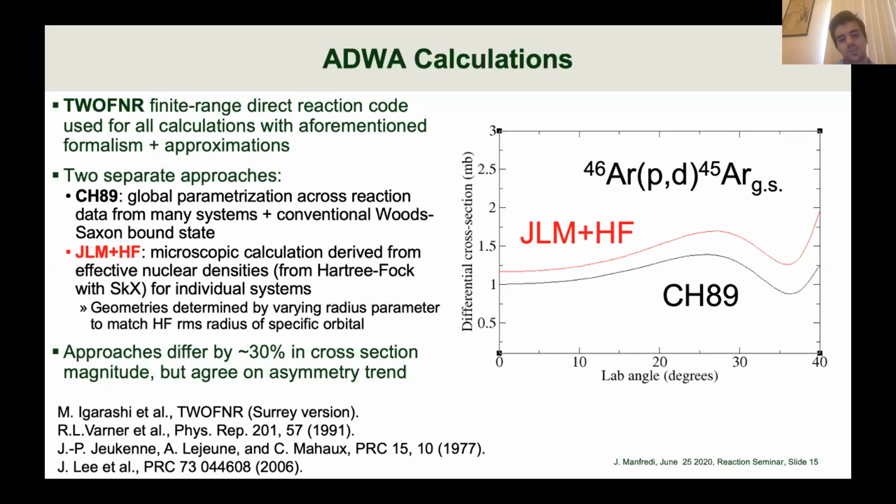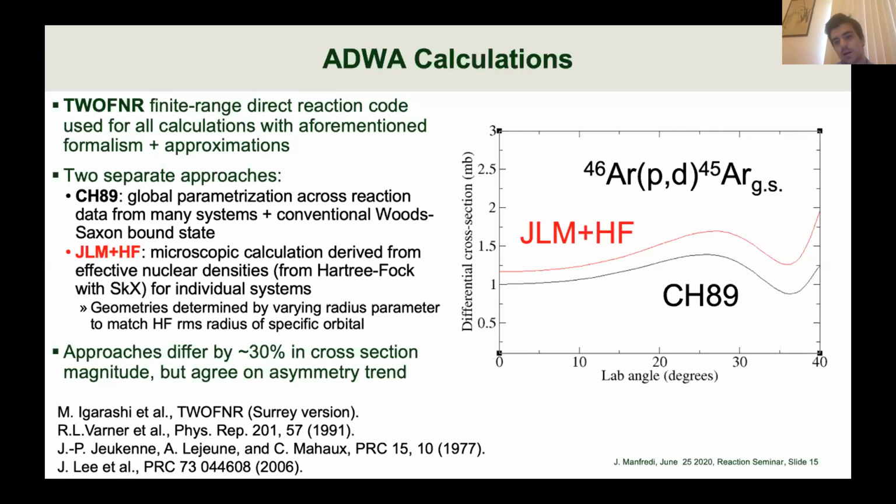So these approaches differ, as you can see on the right. The JLM approach has a larger cross section than the Chapel Hill 89 approach. And this is probably just because of the different bound state geometries. Like I said, we're varying this radius parameter and making it larger than the standard value that you'd use for the Woods-Saxon and the Chapel Hill 89.